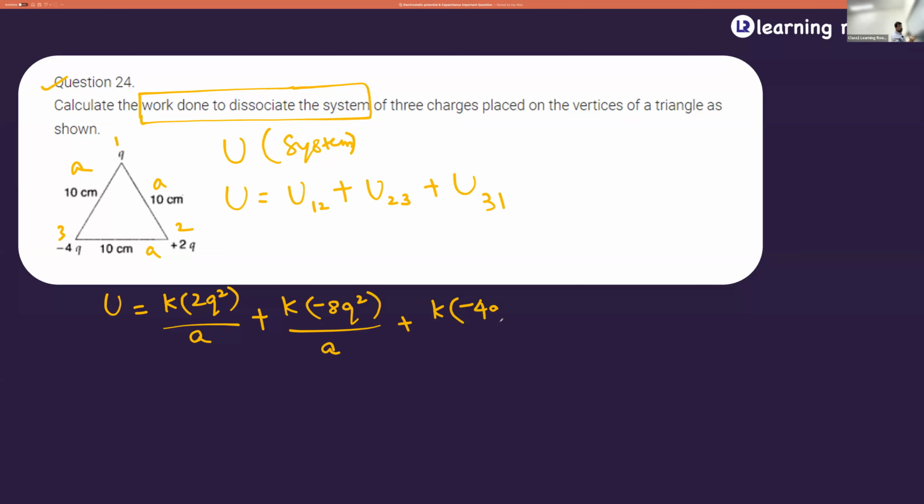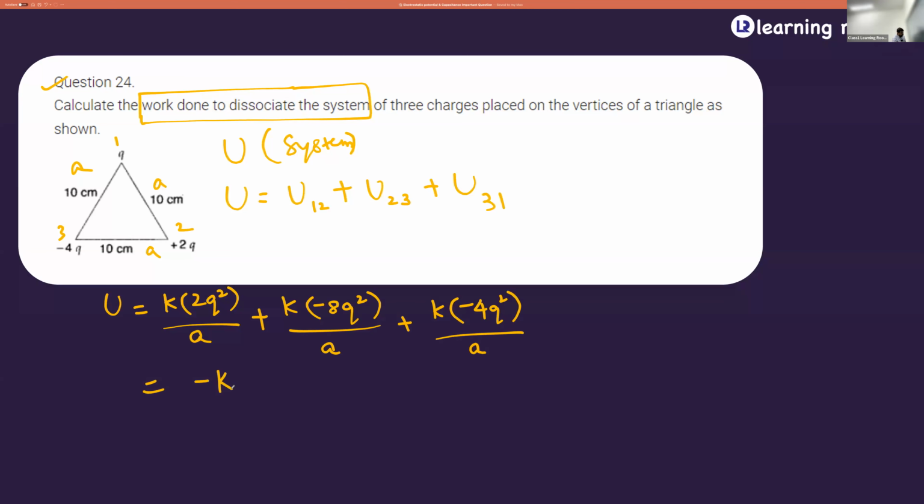minus 4Q square divided by A. Right, minus 4Q square. So minus 8 minus 4 is minus 12, minus 12 plus 2, minus 10.